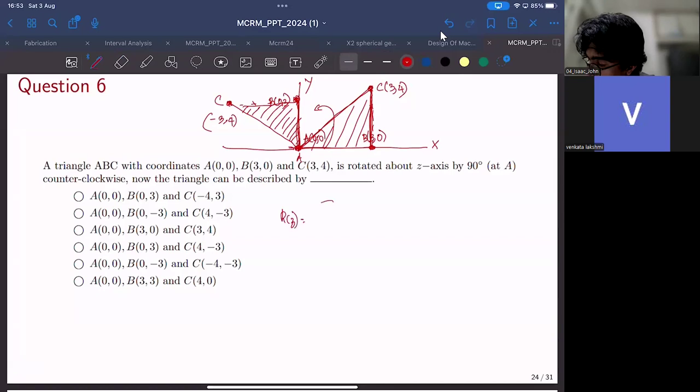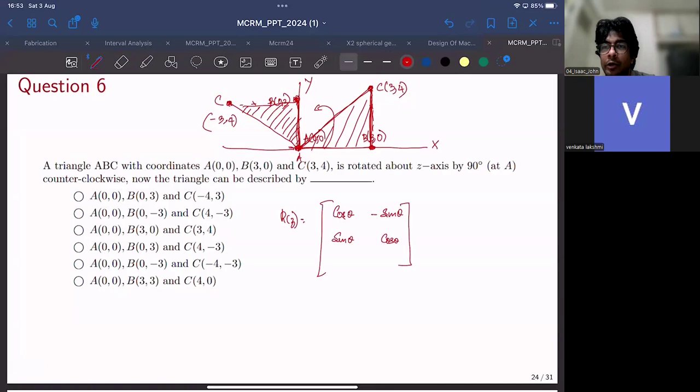Rotation about the Z axis would be something of this form: cos theta, minus sin theta, sin theta, cos theta. Is this fine? Would you agree with this? Or would you like to know more about how this matrix was obtained? Okay.